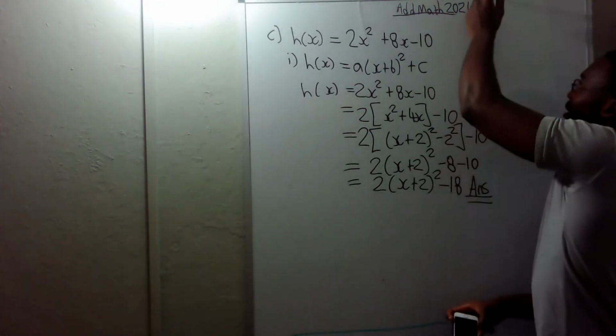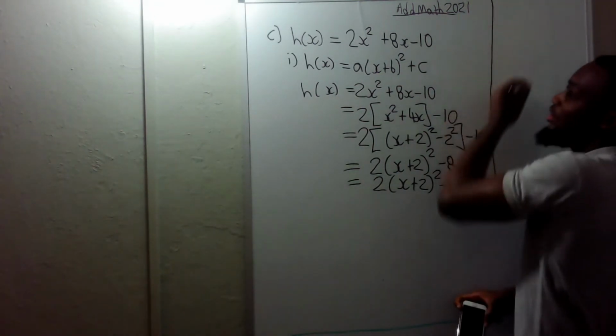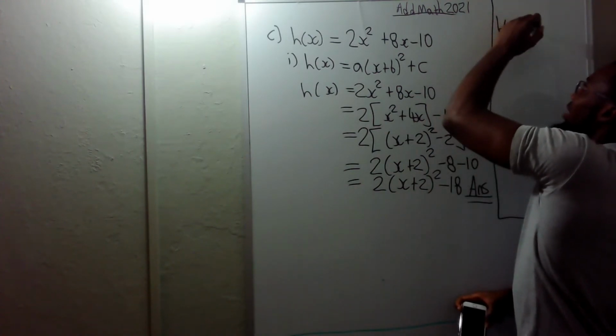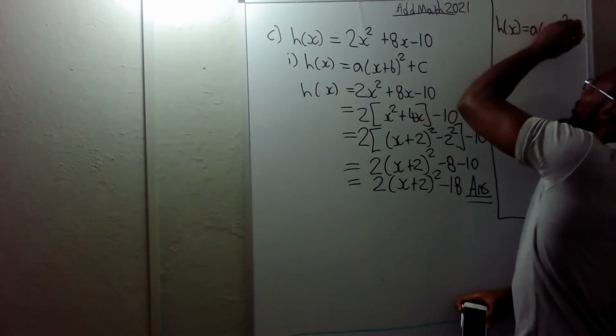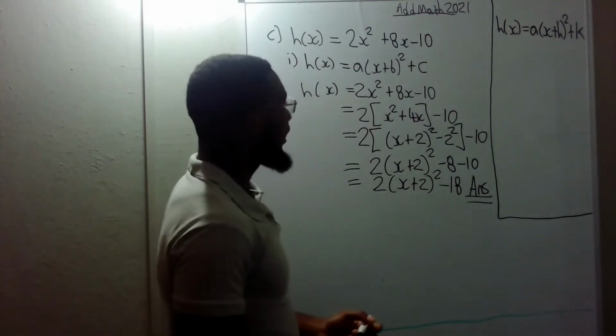Now guys, the next way, which is very popular, is the way they generally tell us to do it. Write h of x as a in bracket x plus h squared plus k. That's how they love to tell us to do it.